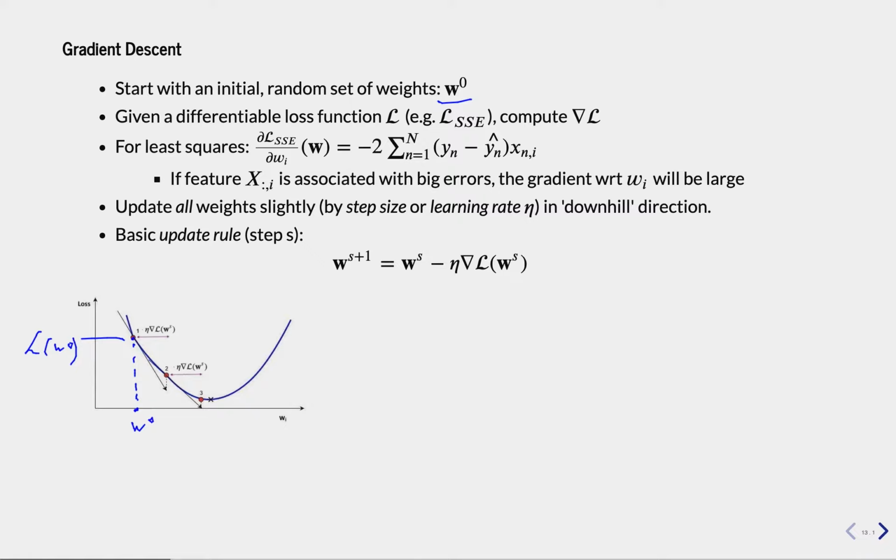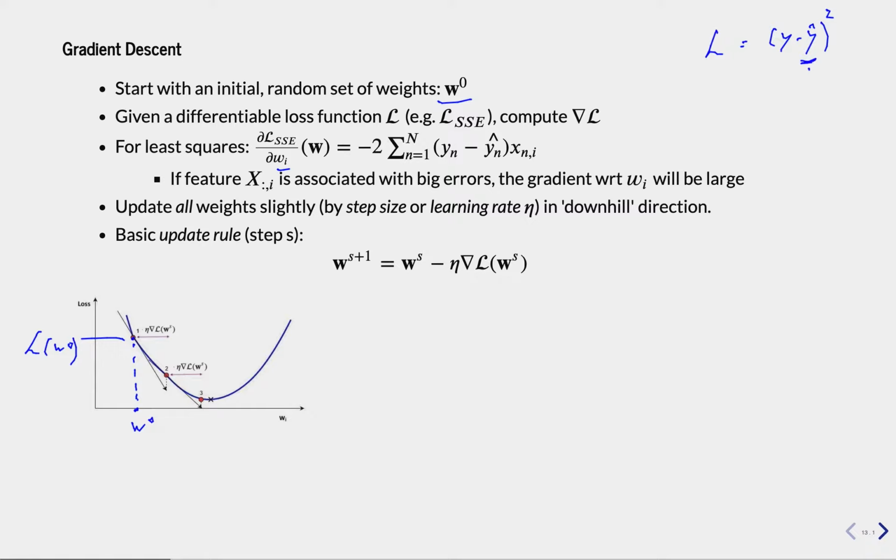Okay. Now, the derivative of the sum of squared errors with respect to W1, so remember sum of squared errors was something like the sum of (y minus y hat) squared. So the derivative will be, and w occurs in here, right?